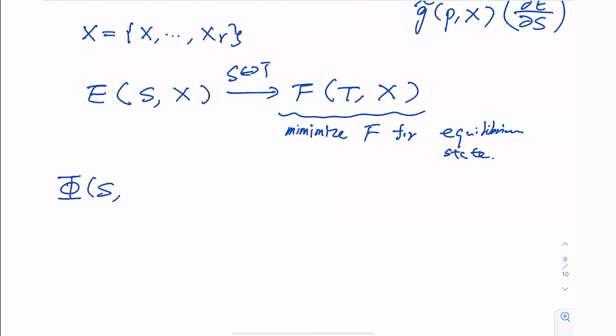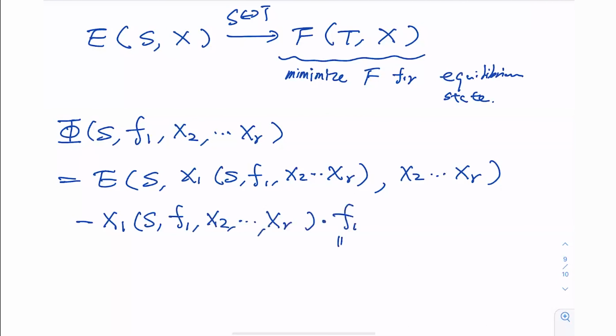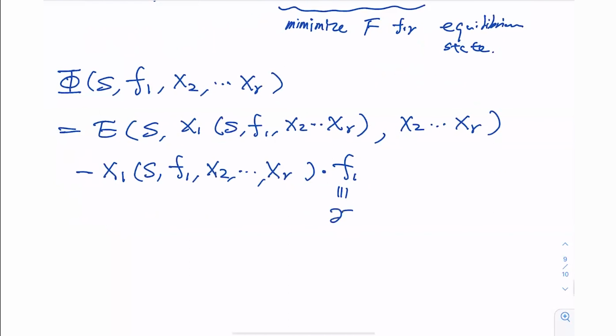So if we want to replace the description of our extensive variable x1 by its conjugate pair f1, then the corresponding thermodynamic potential will look like this. And here this f1 is defined as the partial differentiation of energy with respect to the extensive variable x1, where x1 is inverted accordingly.